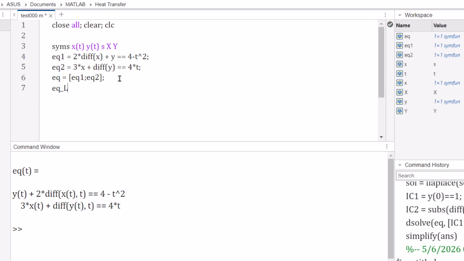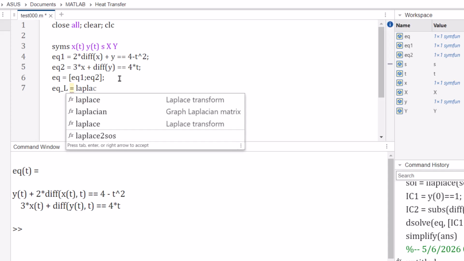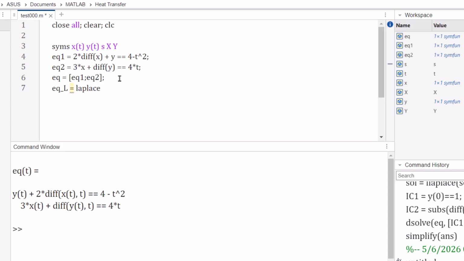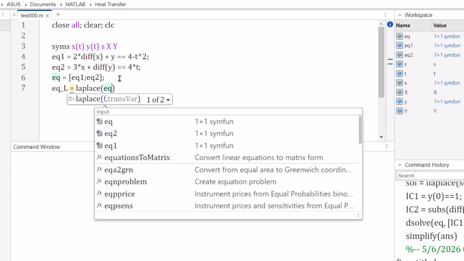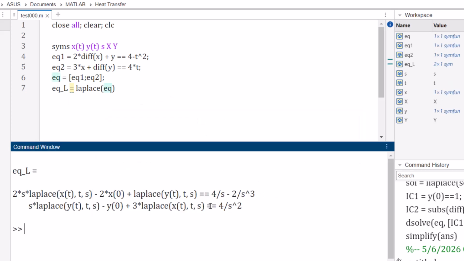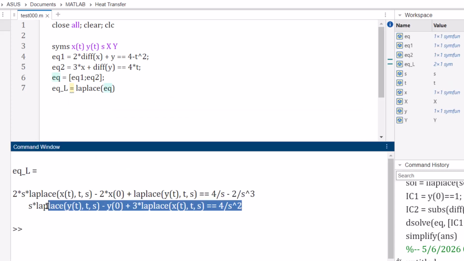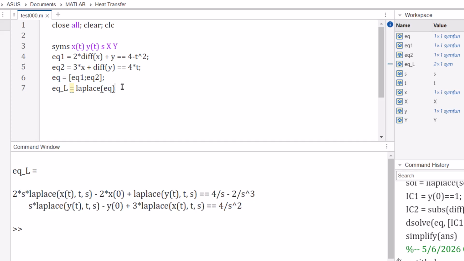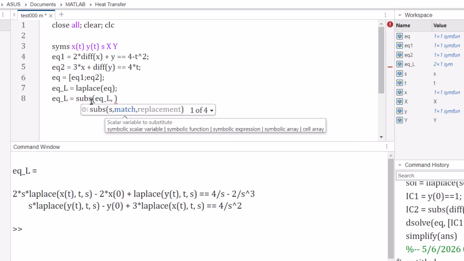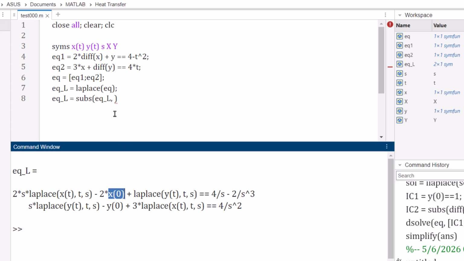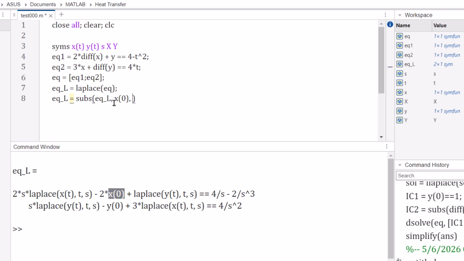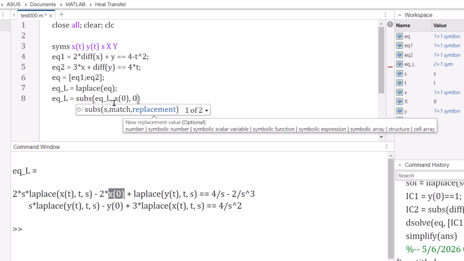Now I take my equations into the Laplace domain. So here are my two equations in the Laplace domain. Now it starts the substitutions. Instead of x at 0, I put 0.